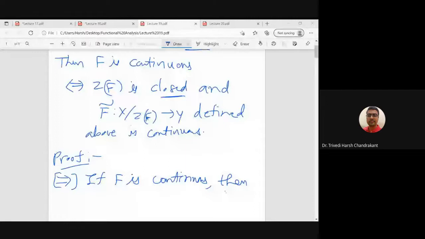By the definition for a topological space, a function f from x to y is said to be continuous if the inverse image of every open set in y is an open set in x.